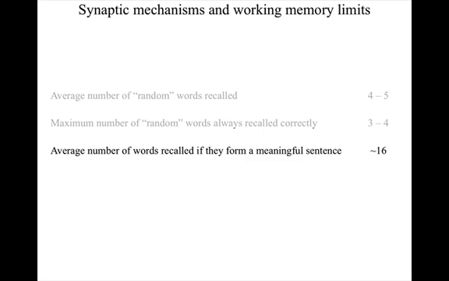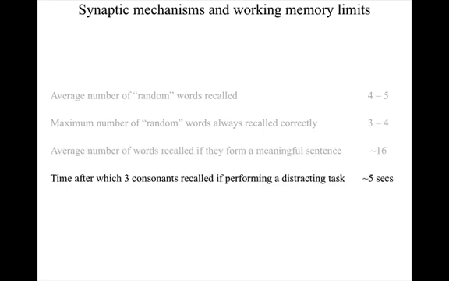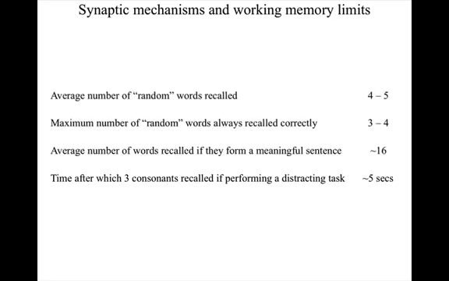But with larger groups, like multiple sentences, the exact words are not always fully remembered. The other important limit is that if a subject's asked to remember 3 words or consonants, but immediately given a verbal task to perform, the 3 consonants are only retained for about 5 seconds.